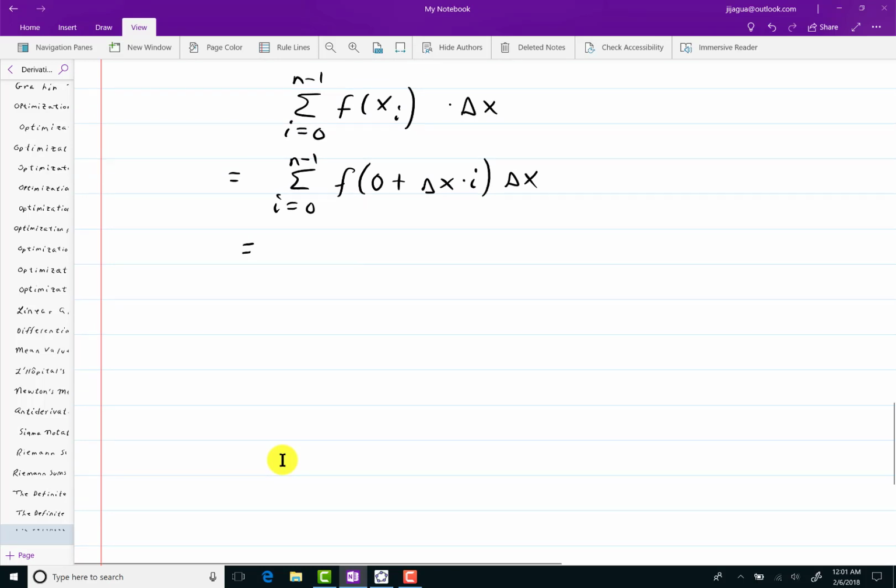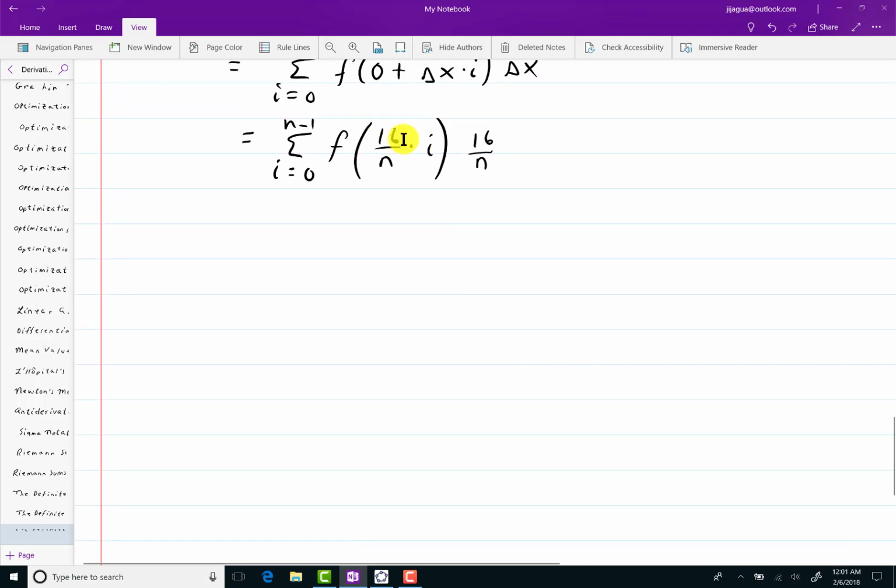This equals the sum i equals 0 to n minus 1 of f of, now delta x we know is 16 over n, 16 over n times i. And I'll put the delta x again, 16 over n.